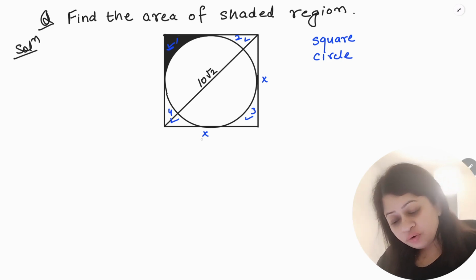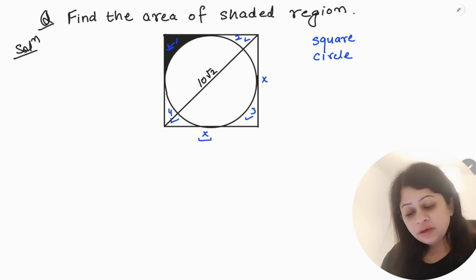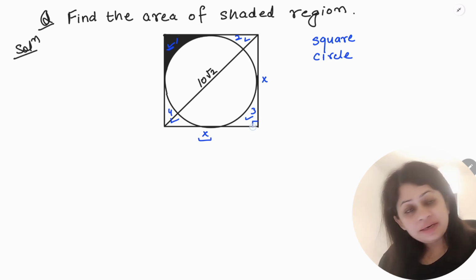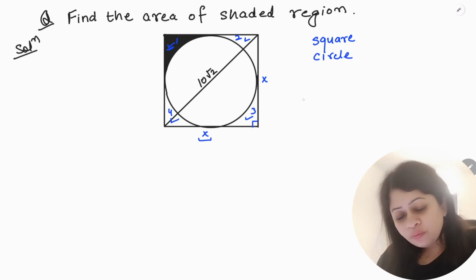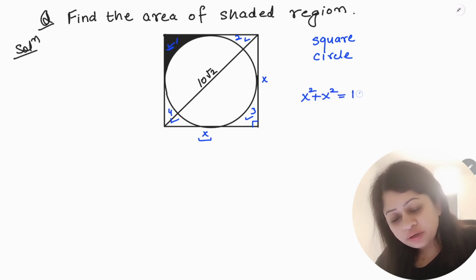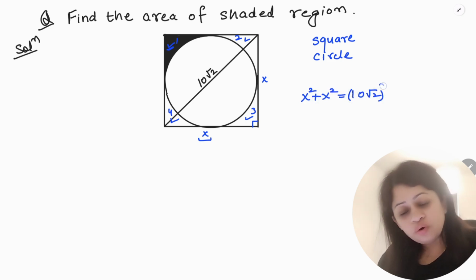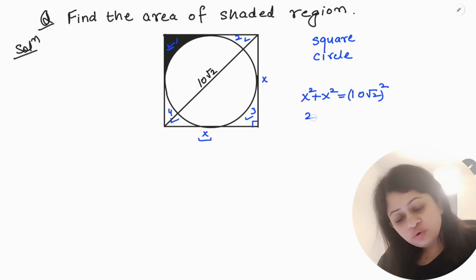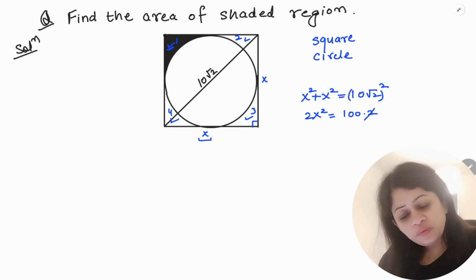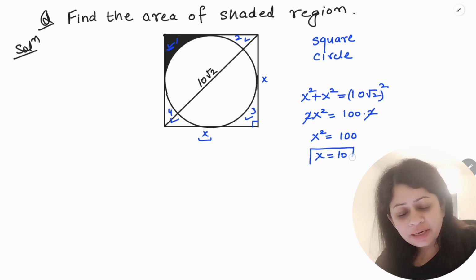So, let us proceed by finding the area of the square. For that we need to know the side, right? We know that this is a right angle since it is a square. So we will apply the Pythagoras theorem: x square plus x square is equal to 10 under root 2 whole square, which gives us 2x square is equal to 100 times 2. The 2 and 2 will cancel out. x square is equal to 100. x will be equal to 10, since the side cannot be negative.